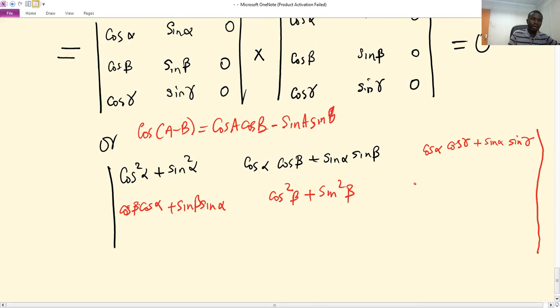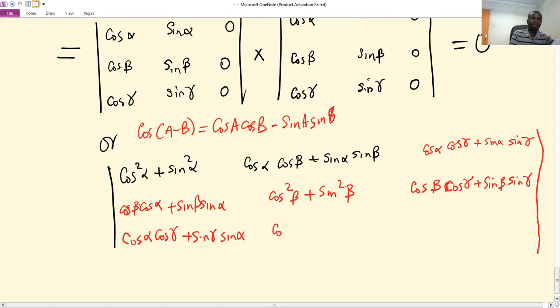Then cos of gamma minus beta can be written as cos beta cos gamma plus sine beta sine gamma, and then cosine of alpha minus gamma as cosine alpha cosine gamma plus sine gamma sine alpha.